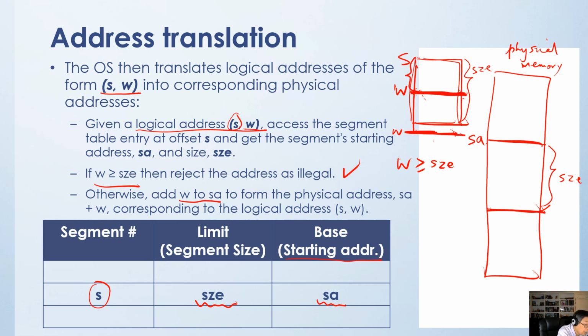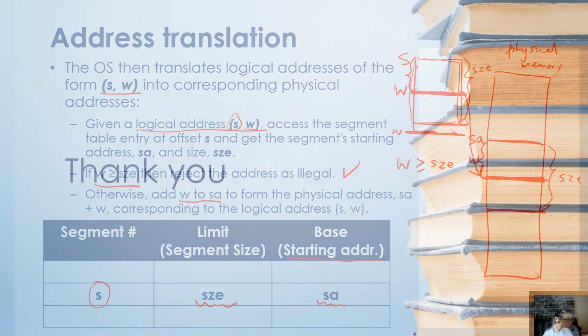So SA plus W is going to give you the physical address corresponding to this logical address. So this is how we actually do the address translation using segmentation. Thank you.